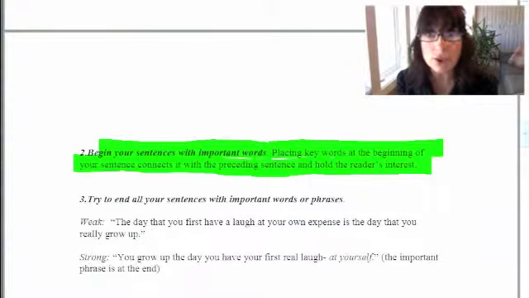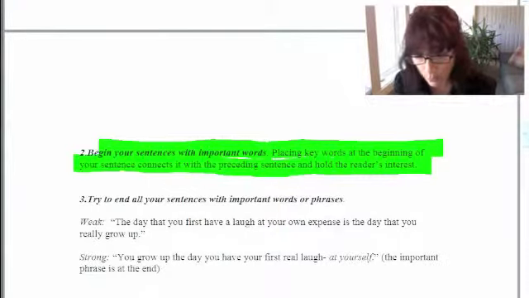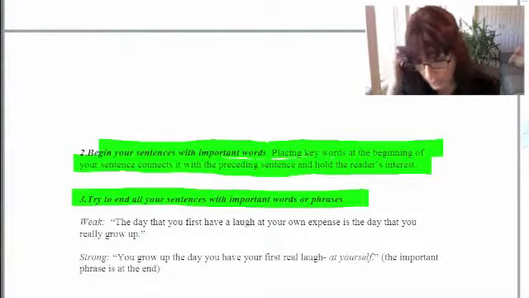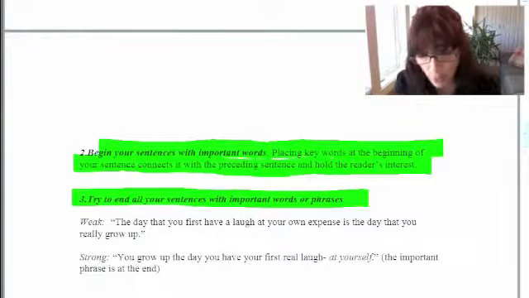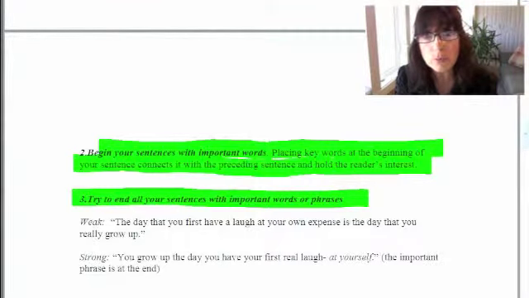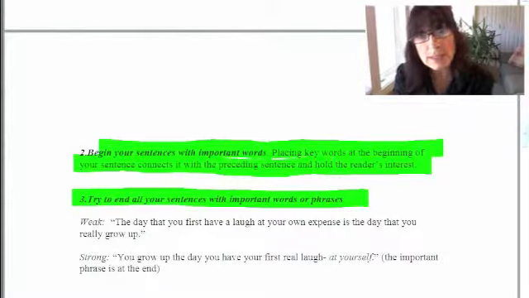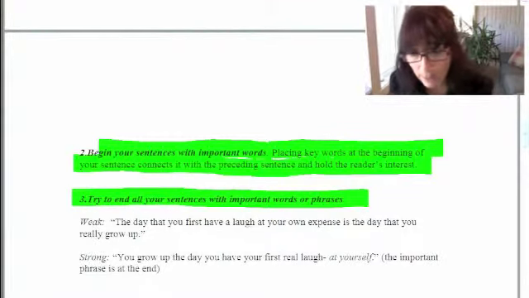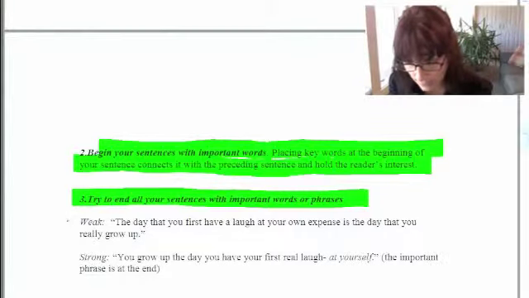So if you put the most important idea, the most important words, at the beginning of your sentence, you'll hold your reader and you'll link your idea to the sentence before. A third point to add emphasis is to try to end all your sentences with important words or phrases. So your important words should be at the beginning of your sentence, and you also want to end your sentence with something of importance.